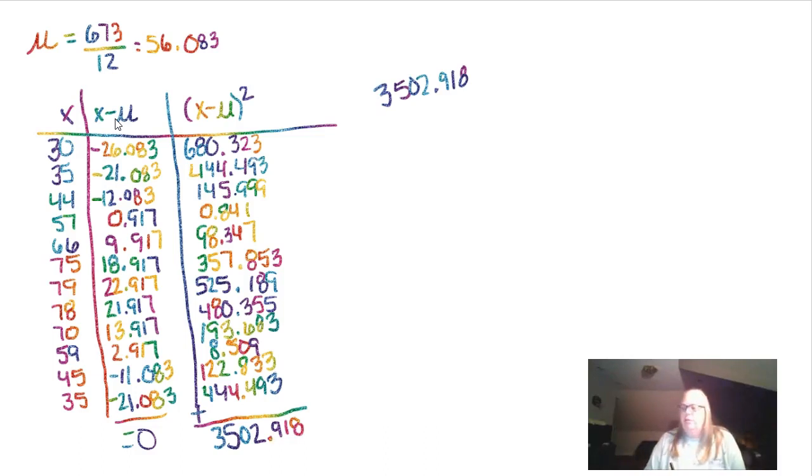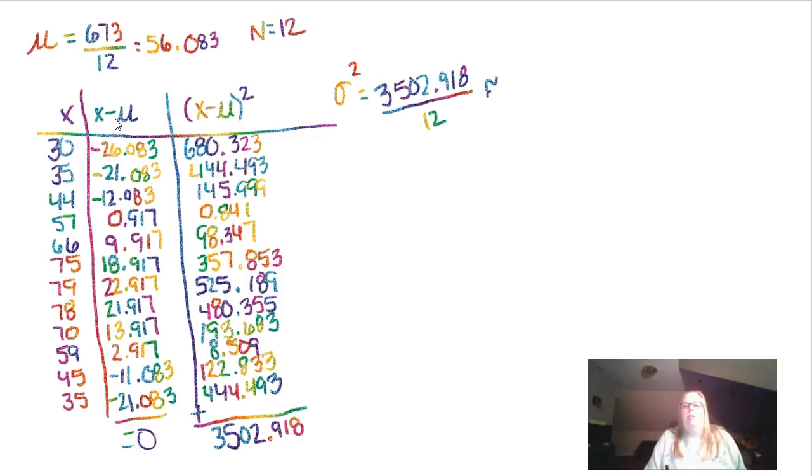All right, and now to find the variance, we just need to divide by n. Well, remember, n is equal to 12 because 1, 2, 3, 4, 5, 6, 7, 8, 9, 10, 11, 12. There are 12 data points. Therefore, our variance, which is the little sigma squared, is equal to the sum of our squares divided by 12.